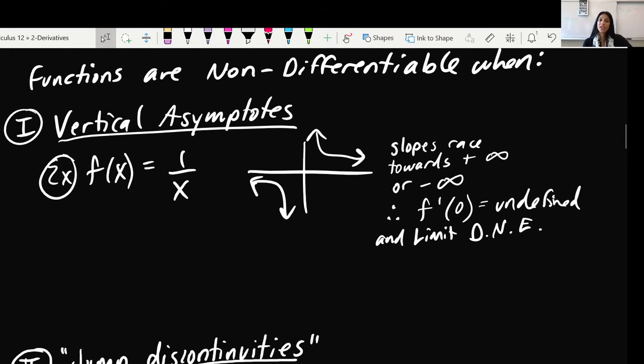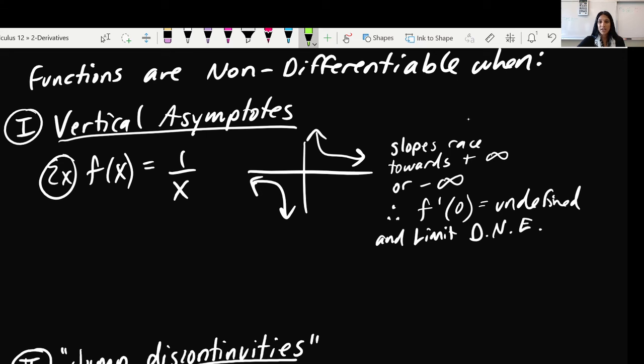Okay, so then the only other thing to look at before we finish this off is that some functions are non-differentiable, or we can't take the derivative of them. That happens when we have vertical asymptotes. So this is again looking at stuff we've done before.